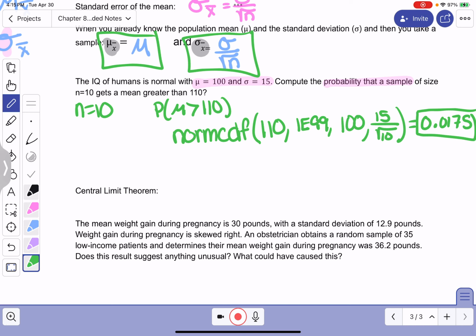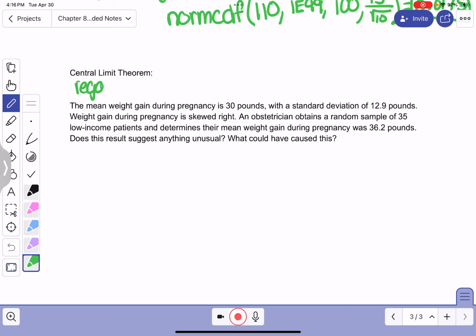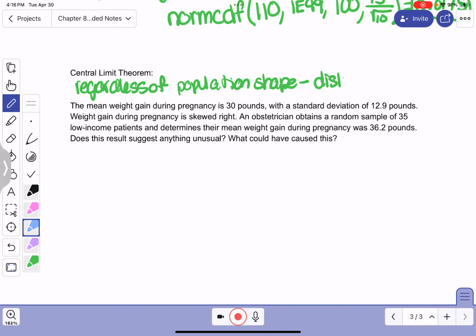So that is the probability, 1.75%, that in a sample of 10 people, the mean would be greater than 110. The central limit theorem helps us when our population's not normal. What it tells us is that regardless of the population shape, we don't care what the population shape is, the sampling distribution, so the distribution of the sample mean, is normal.